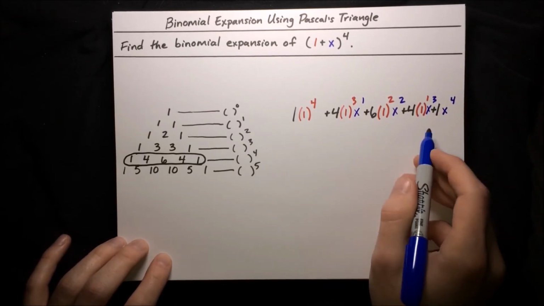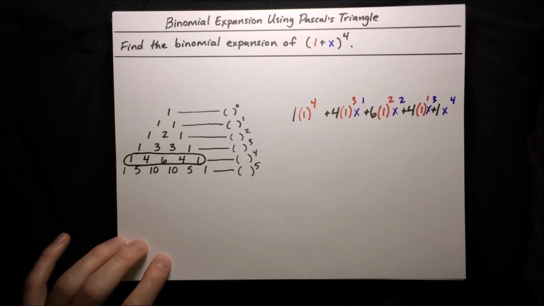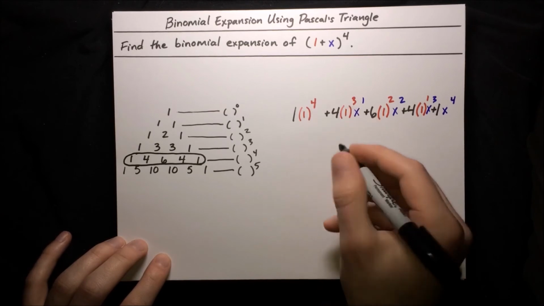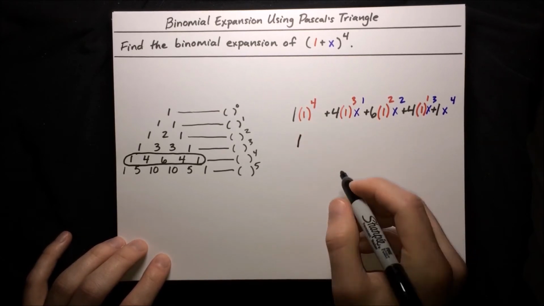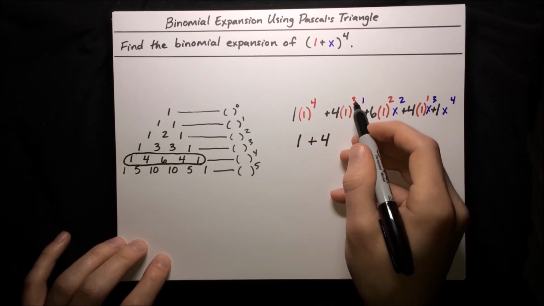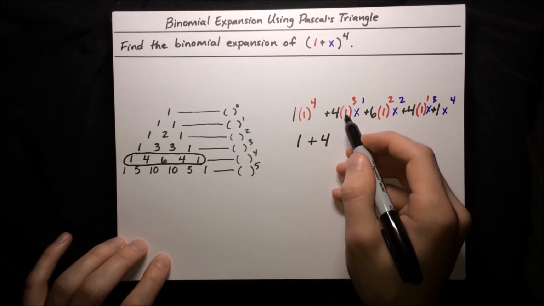So there we go. Now we can simplify this a little bit. 1 to the fourth is just 1, so this is just 1 times 1, which is just 1. And then plus 4, 1 to the third again is just 1, so 4 times 1 is just 4.